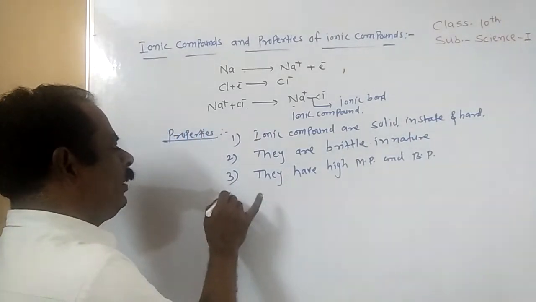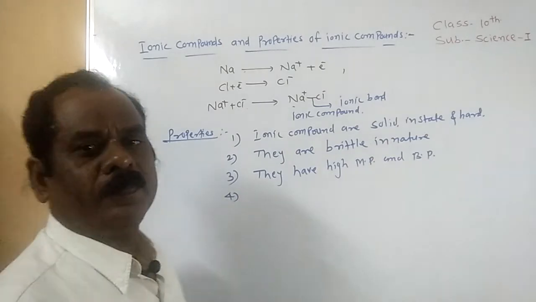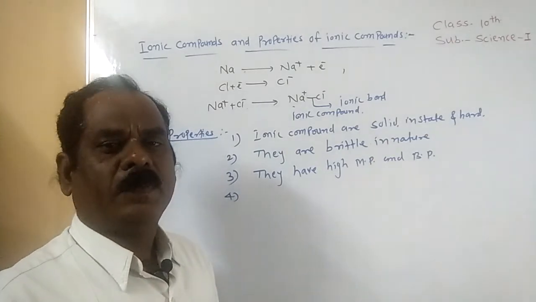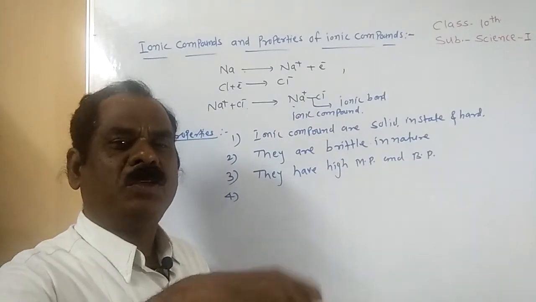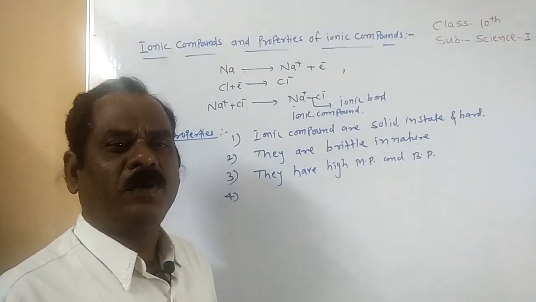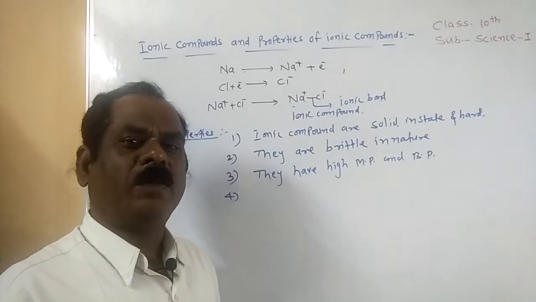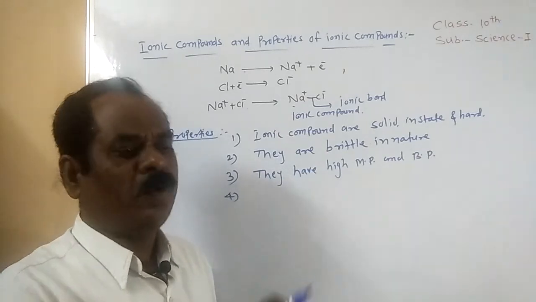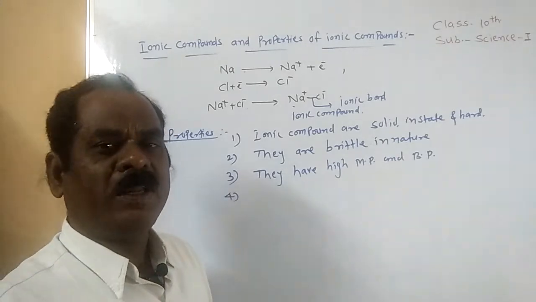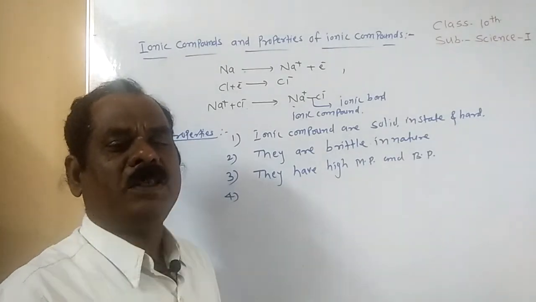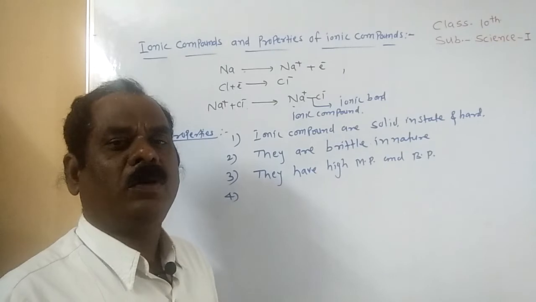Fourth property: if you take sodium chloride salt and add it to water, it dissolves in water. Therefore, generally all ionic compounds are soluble in water. If you add the same sodium chloride to kerosene, petrol or diesel, it does not dissolve.